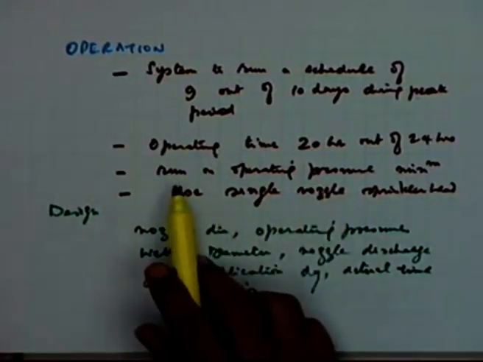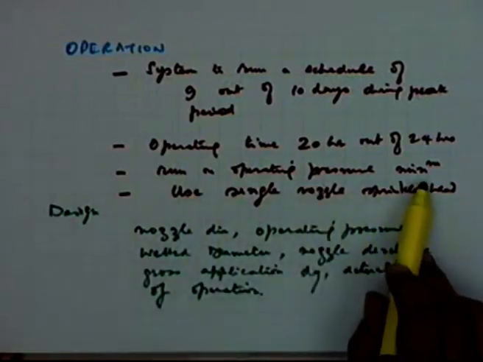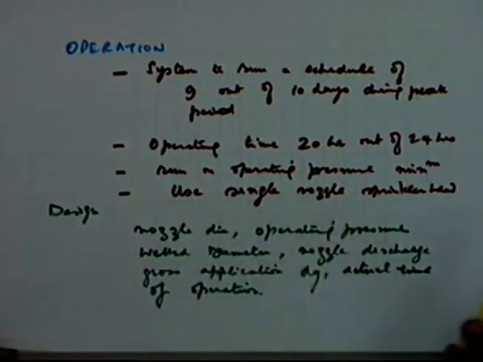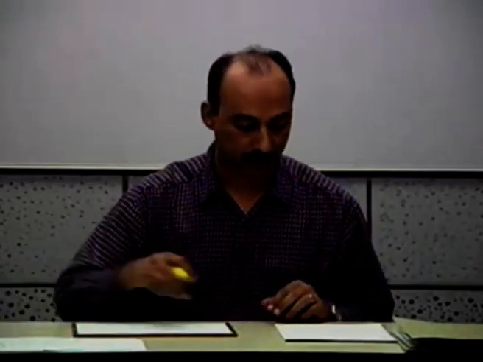Then it was also desirable that the operating pressure should be as low as possible, but then you have to see that they are within the permissible limits, and use of single nozzle is put as another constraint.